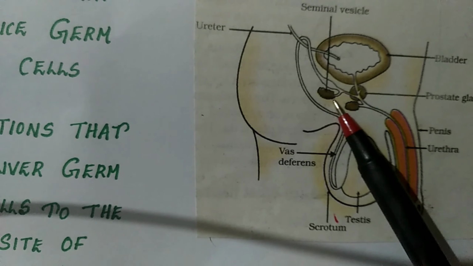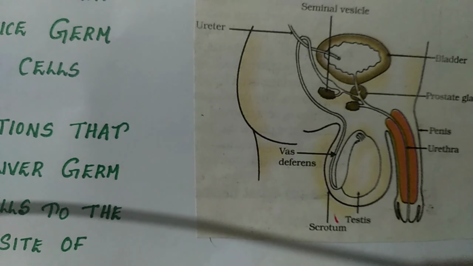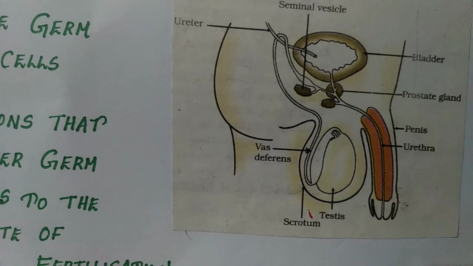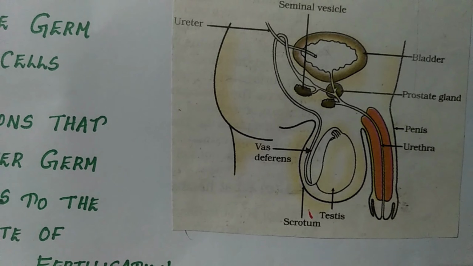This is the structure of the seminal vesicle, and the seminal vesicles are a pair of thin walled muscular elongated sac-like structures which secrete a fluid, and this fluid helps to nourish the sperm.